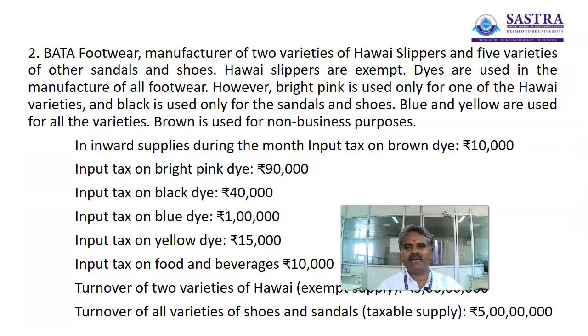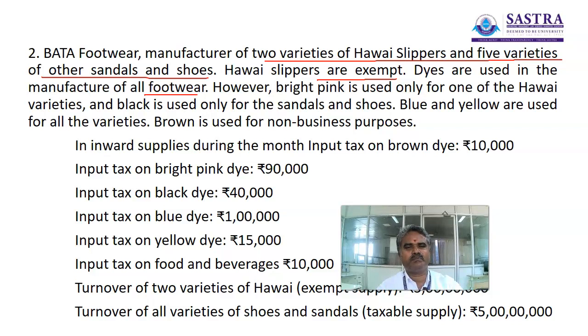Next problem. Bata Footwear manufactures 2 varieties of Hawaii slippers and 5 varieties of other sandals and shoes. Hawaii slippers are exempt. Dyes are used in the manufacturing of footwear.